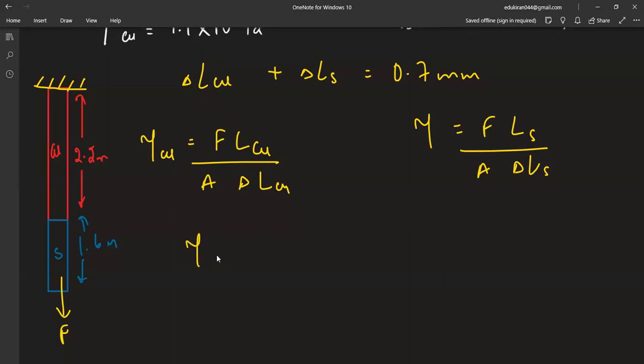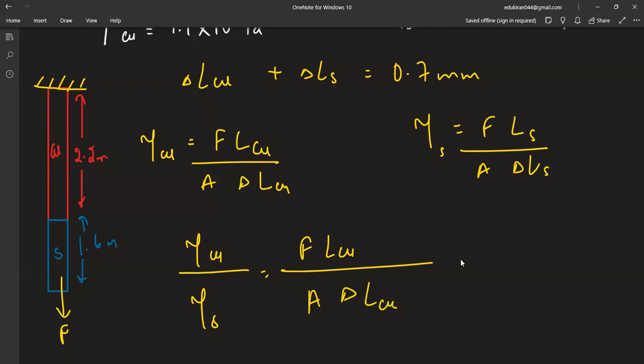When we write the Young's modulus of steel, force is the same again, with Ls and delta Ls. First take the ratio, because many things will be cancelled then. So F L_Cu by A delta L_Cu into A delta L_S by F L_S. Area and force will be cancelled.